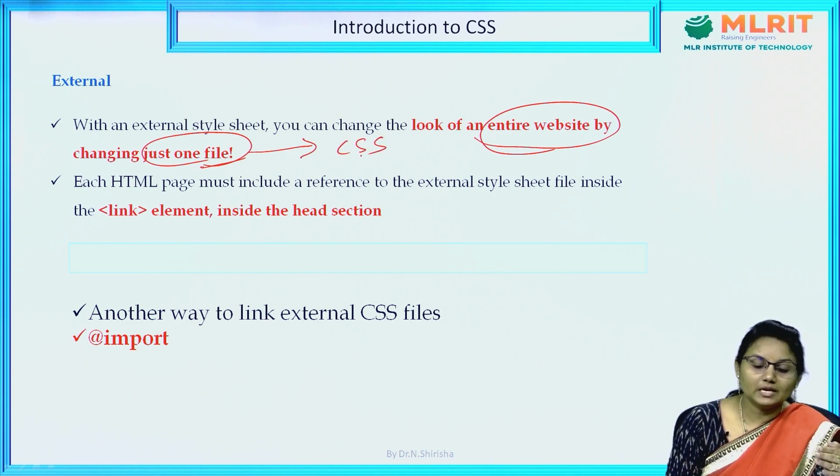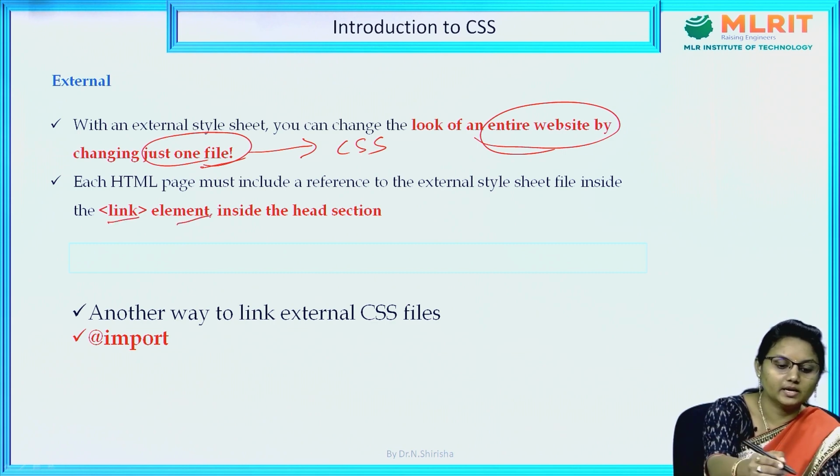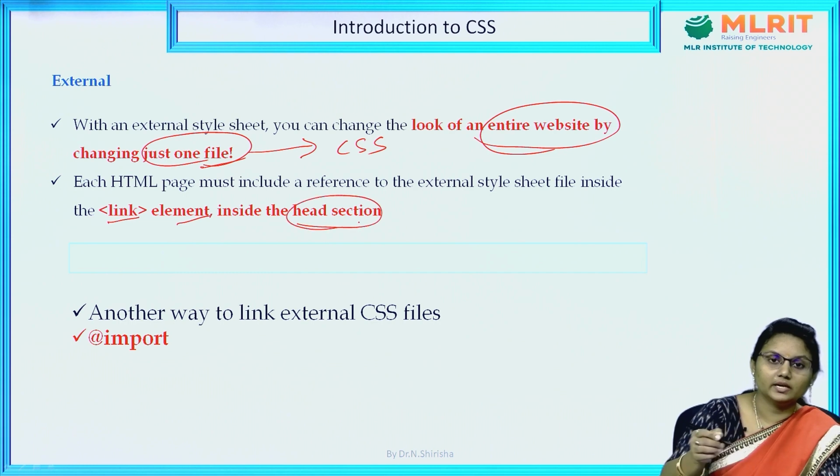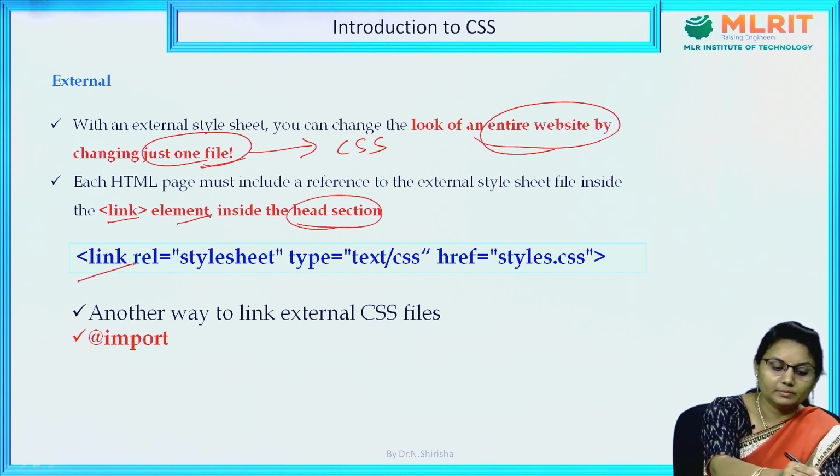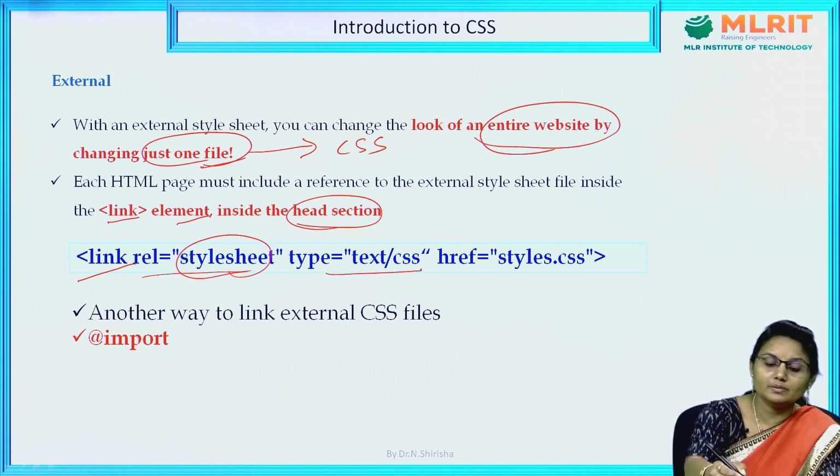So how that is linked with your HTML is by giving the link element, inside the head section. This is how you will give it. You have a link element with rel, the relation. What is the relation? It is a style sheet. Type is text/css.